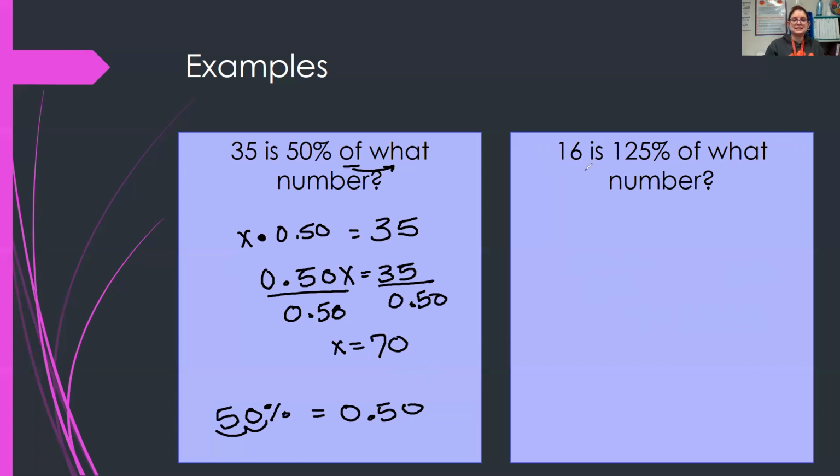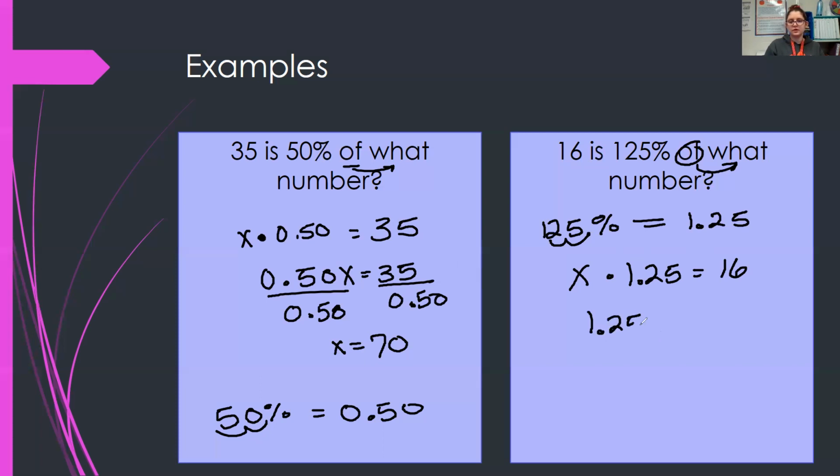Okay, 16 is 125% of what number? So the same thing. Let's turn our 125% into a decimal. So there's my decimal point, 1, 2 to the left. So 1.25. I'm looking for my of. So x times 1.25 will equal 16. I'm going to rewrite, I prefer having my number before my variable.